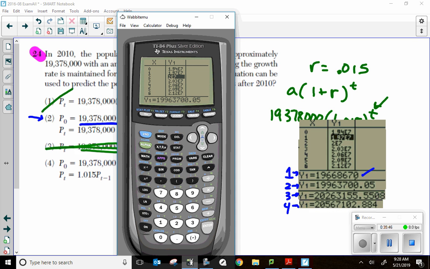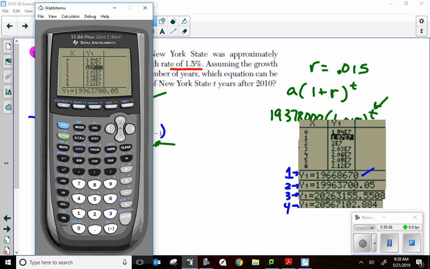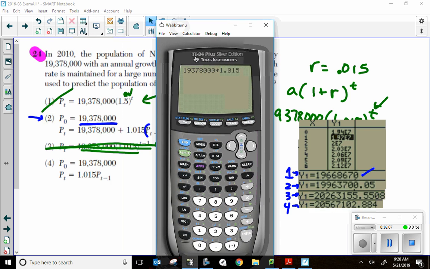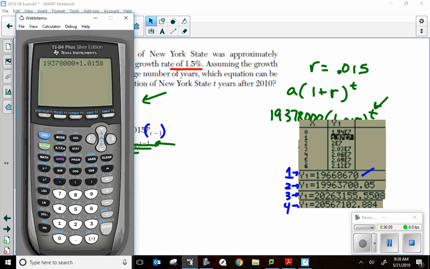So I'm going to take this out and go back here and see if this all comes out right. I'm going to take 19,378,000 and multiply that times 1.015, times the previous year. If I want to find year 2, I multiply that times year 1. Which is 19,378,123.